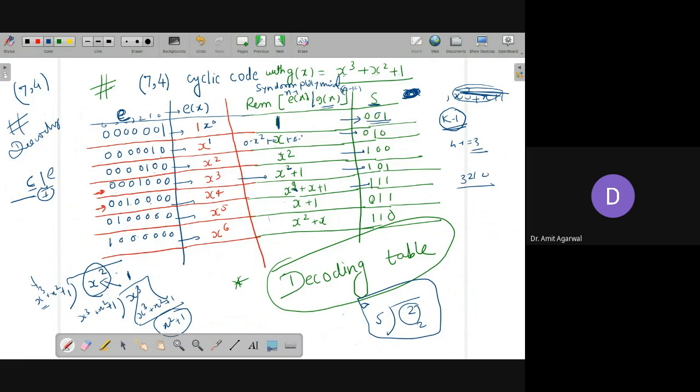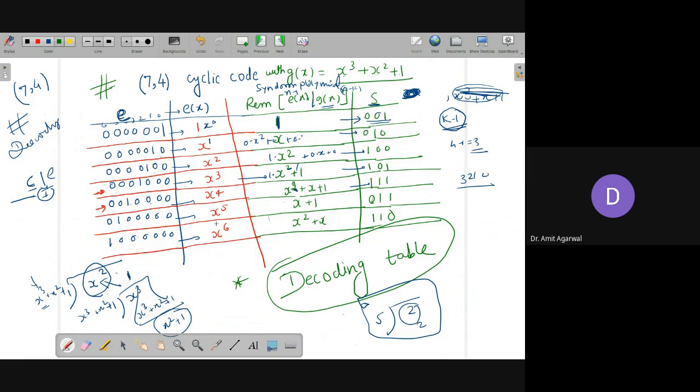Then 1 into x square, 0 into x plus 0, so 0, 0, 1. So similarly, you can find out the syndrome vector.